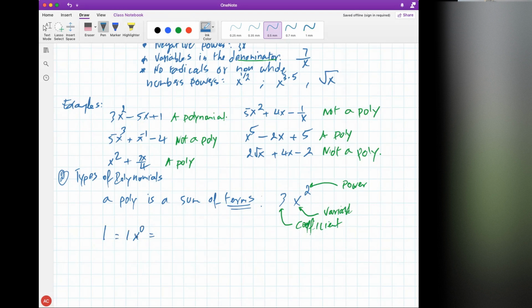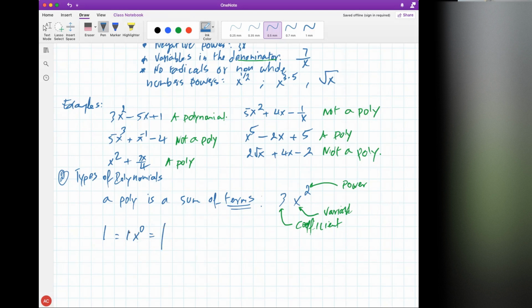The power of a constant term is basically 0 because of the invisible variable. Think of it as having an x next to it to the power 0, and we saw last time that this is 1. Anything to the power 0 is 1. 1 times 1 is 1.